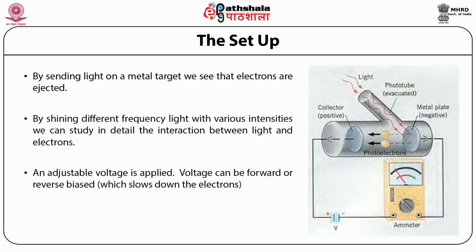By shining different frequency light with various intensities, we can study in detail the interaction between light and electrons. Here an adjustable voltage is also applied, and the voltage can be forward or reverse biased, which slows down the electrons. Photoelectrons return to the cathode through an emitter that records the current.